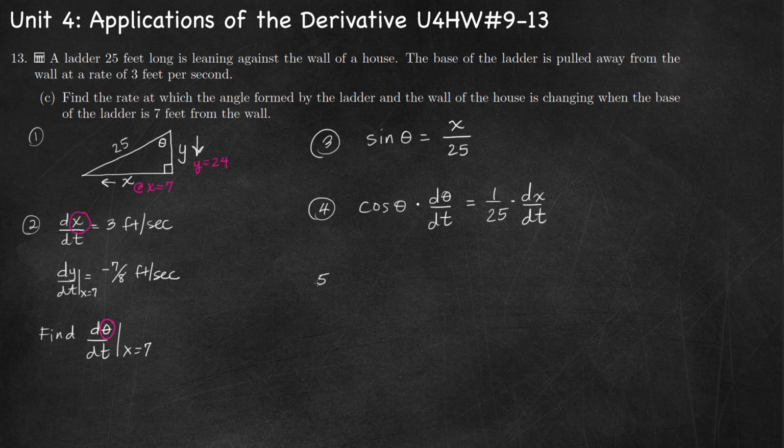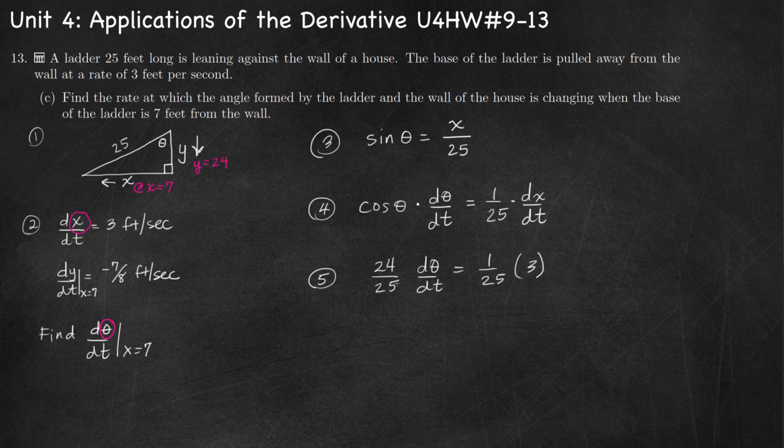And now we're going to substitute in our known values. The cosine of theta will be the adjacent leg over the hypotenuse, so 24/25, times dθ/dt equals 1/25 times dx/dt, and I know dx/dt is 3.